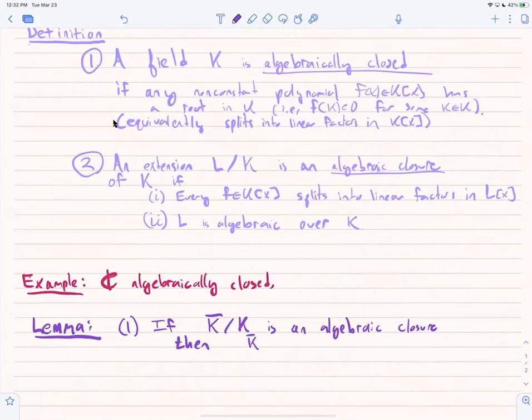K bar is the common notation for an algebraic closure. And again, there's no uniqueness to an algebraic closure, but algebraic closures are unique up to isomorphism. But okay, so K bar is algebraically closed.